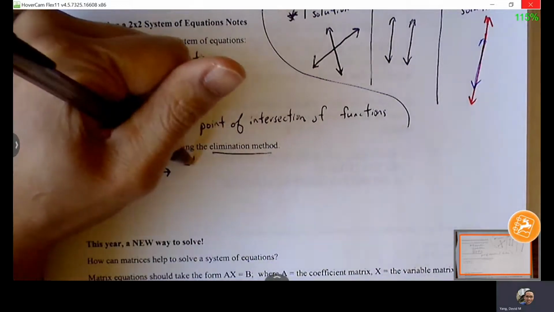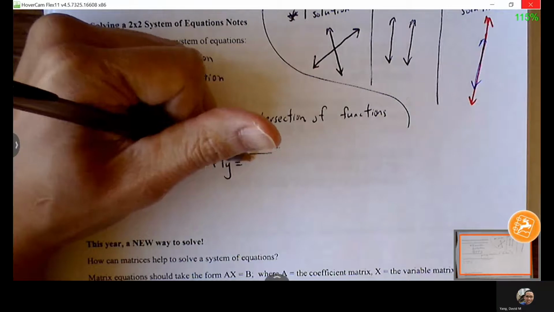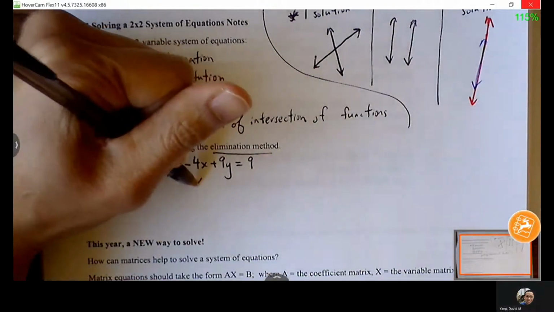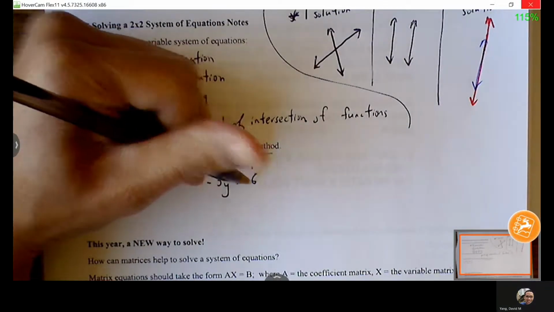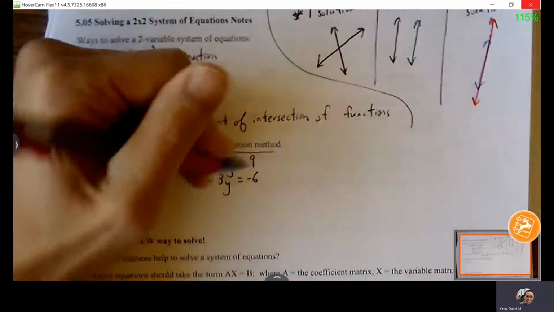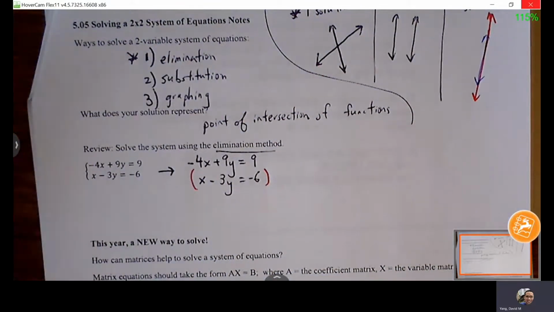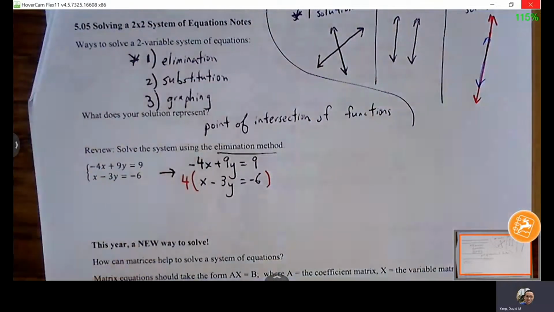So I'm going to rewrite the top. What can I multiply the second equation by to get the x's to be opposites? 4, okay.